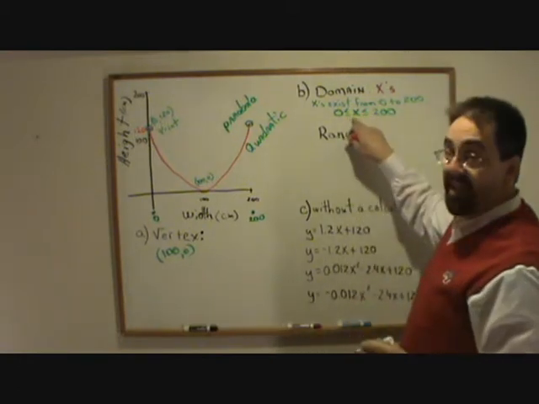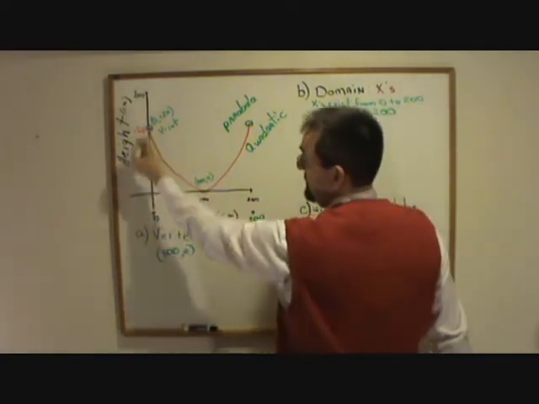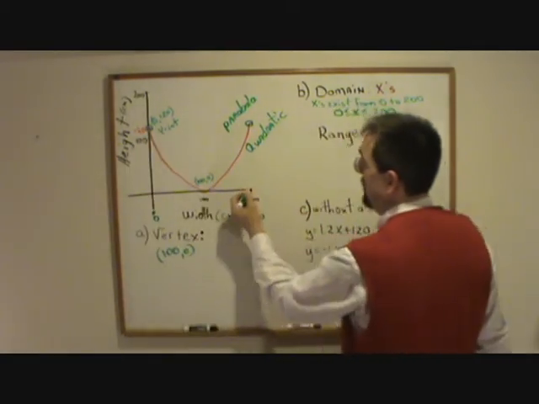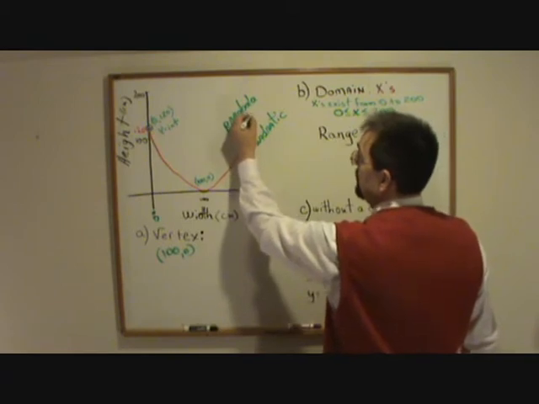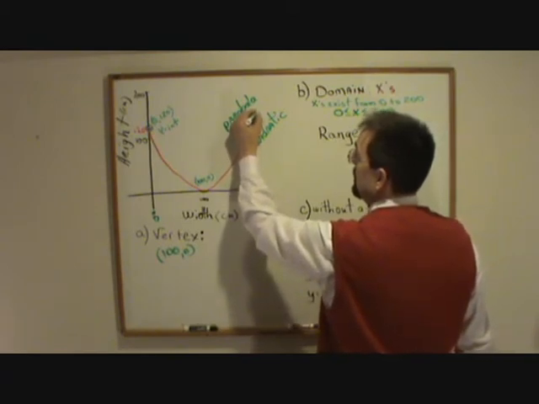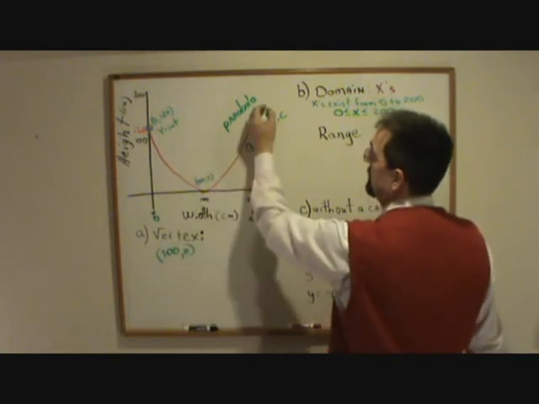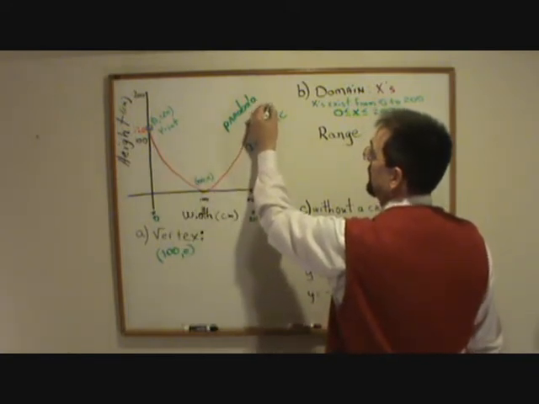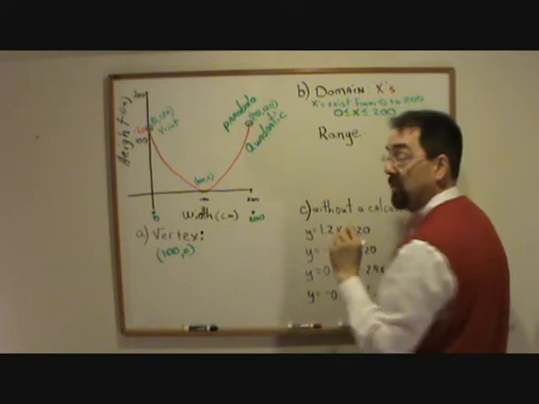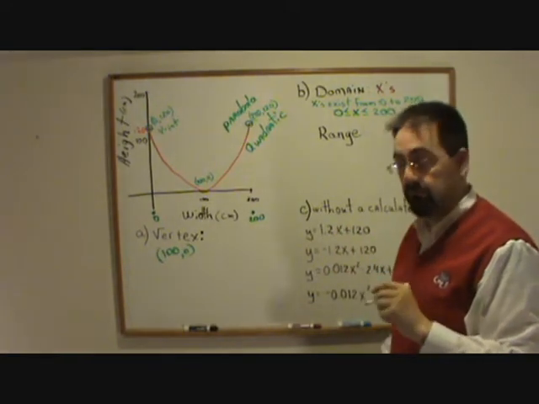And we say the equal to because it is at 0, 120, and at 200, comma, 120. So those are included in the domain.